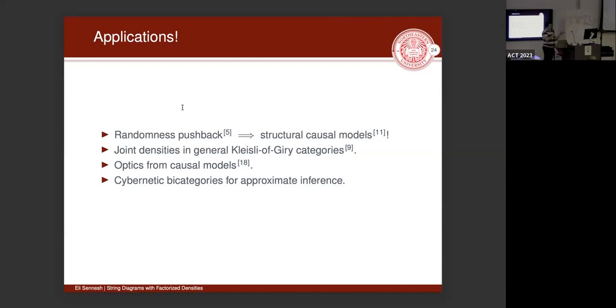The thing I'm excited about is actually optics for causal models with factorized densities, and then bicategorical structure of approximate Bayesian inference. Approximate in the sense that not only do you have to have a density function, as in a Radon-Nikodym derivative, you need to be able to write it down in algebraic closed form and calculate with it.